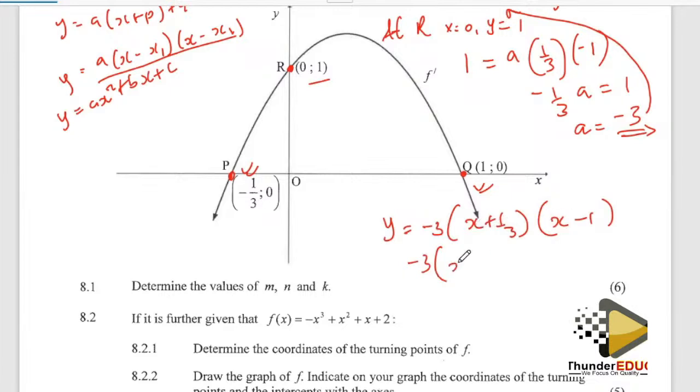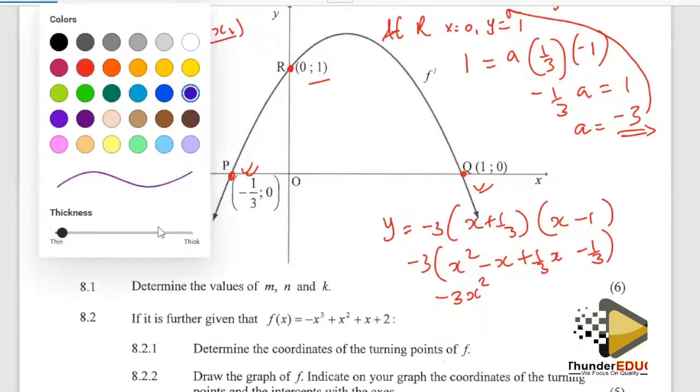So x and x is going to be x squared. x in that is -x. That's going to be a third x. I'm using the FOIL, minus a third. And I simplify this. I'm going to have -3x squared. I know that -x plus 1/3 is going to give me minus 2/3.